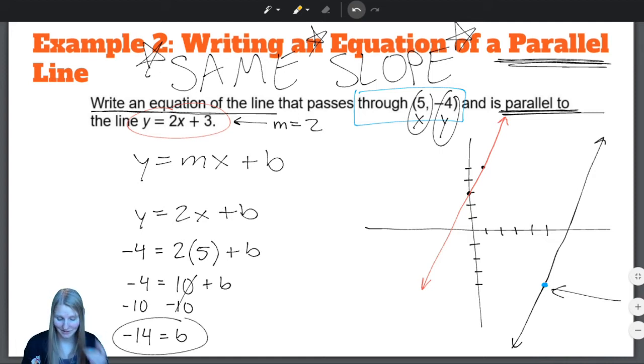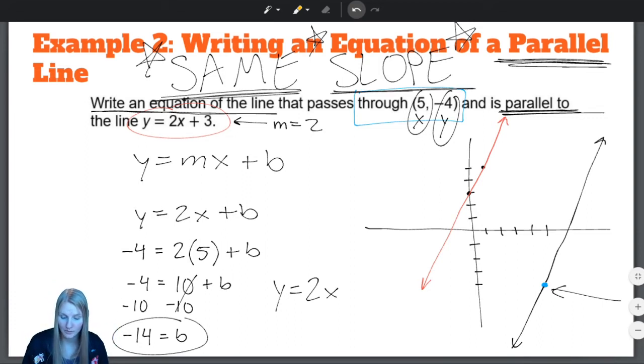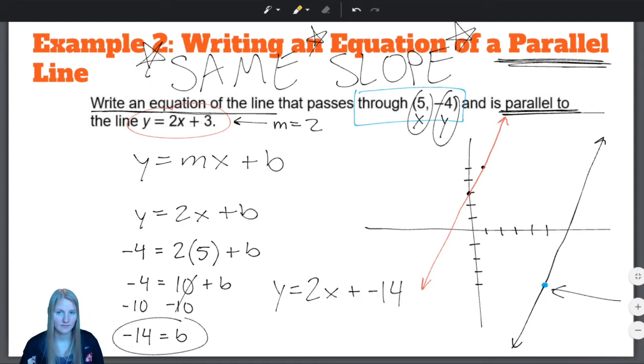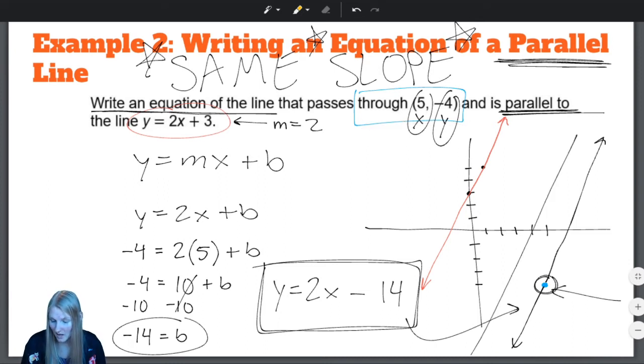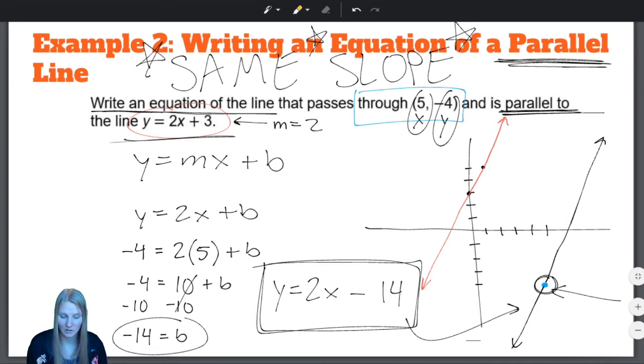Which means that y equals 2x, I need to have the same slope, plus negative 14. Oh wait, but I don't need plus negative 14. I can just say minus 14. And there you have it. This is the equation of the line that goes through the point (5, -4) and is parallel to the red line, y equals 2x minus 14.